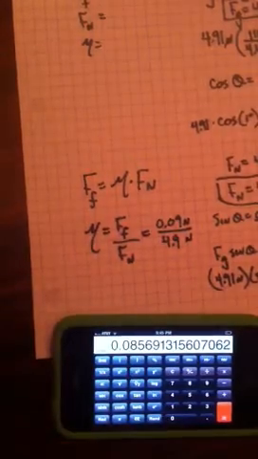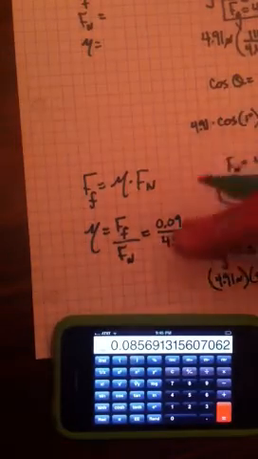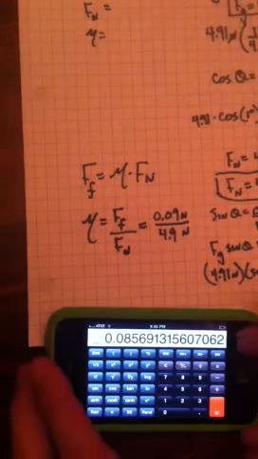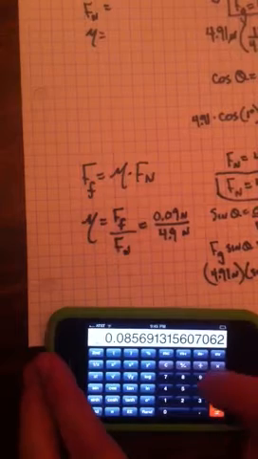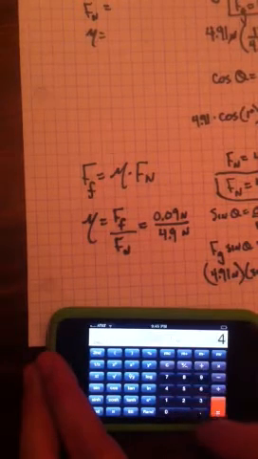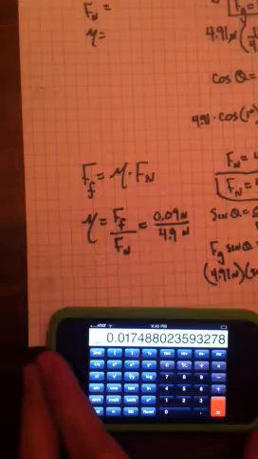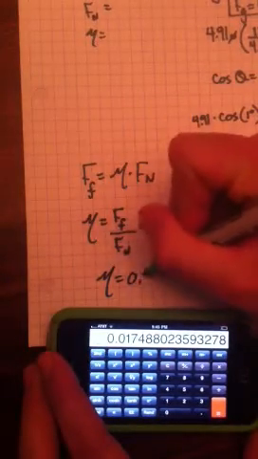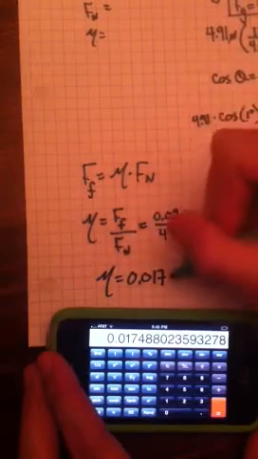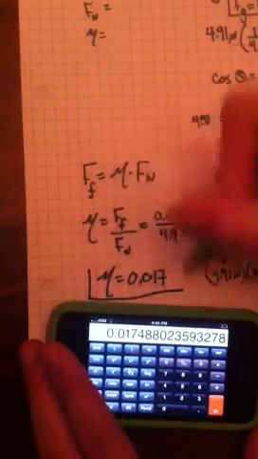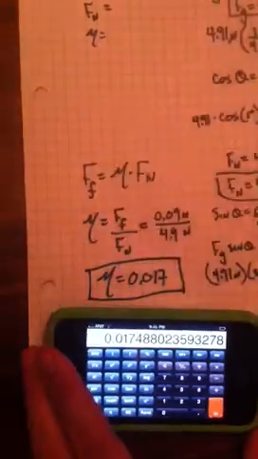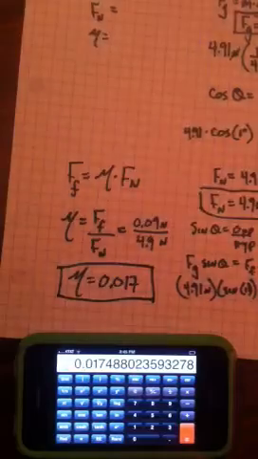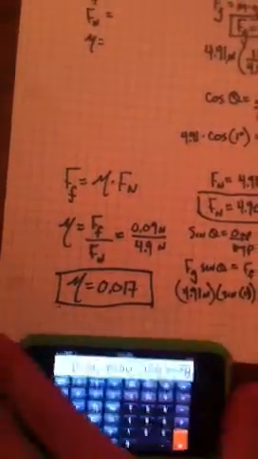And so you would expect for this, if it slides at 1 degree, its mu, its stickiness, is going to be really small, which 0.09 divided by 4.9, go figure, mu is 0.017, not sticky at all.